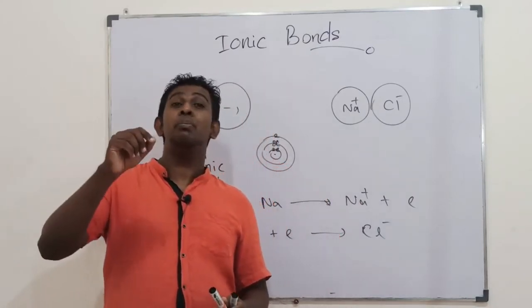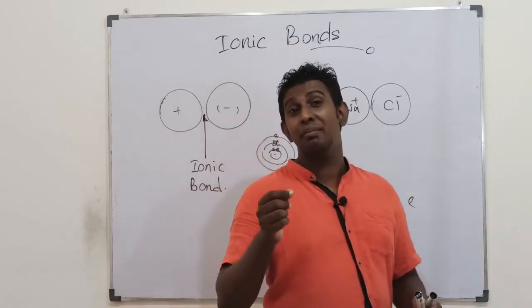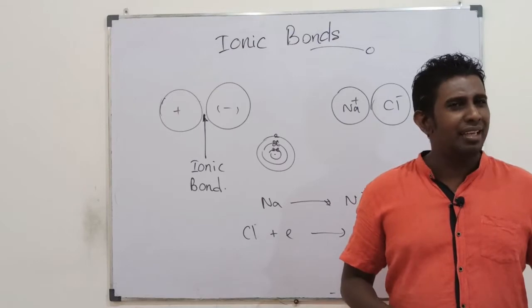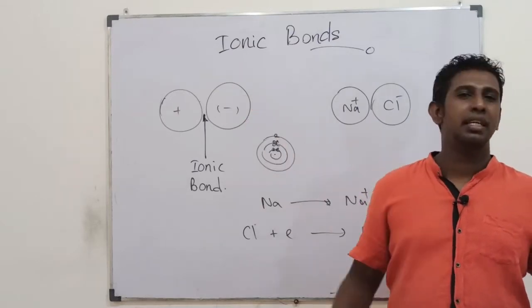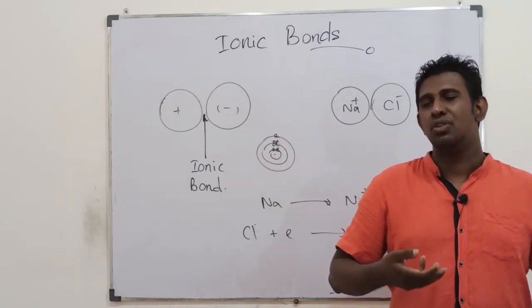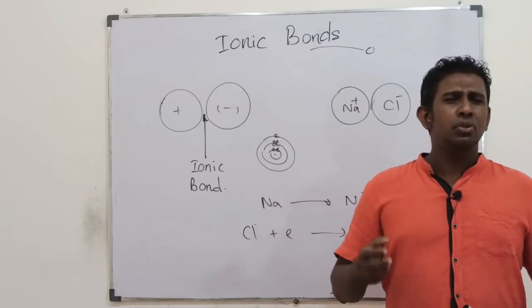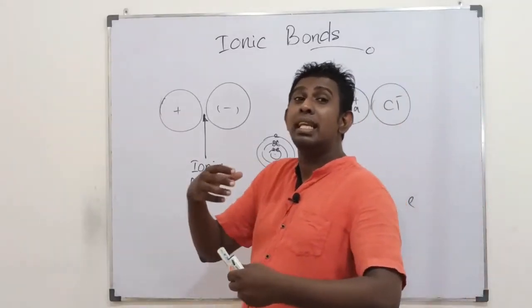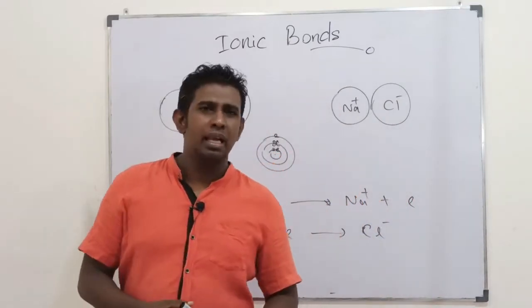Therefore, metals have a lesser number of electrons in their outermost shell, so they have a tendency to lose those electrons to reach an octet, showing the inner shell as the outer shell now.